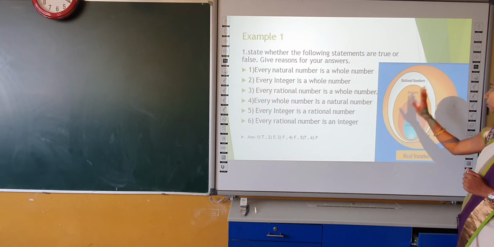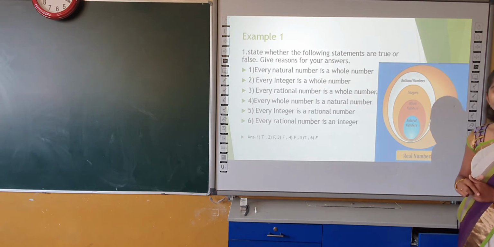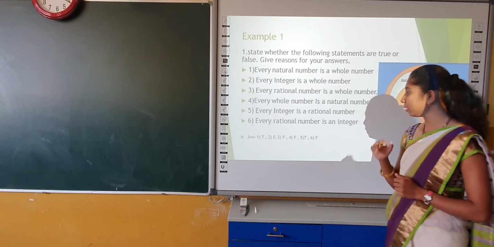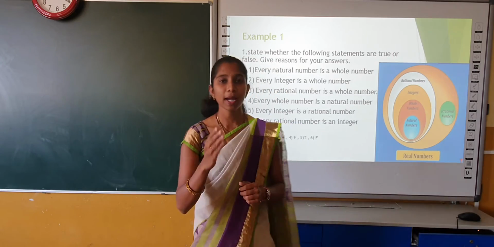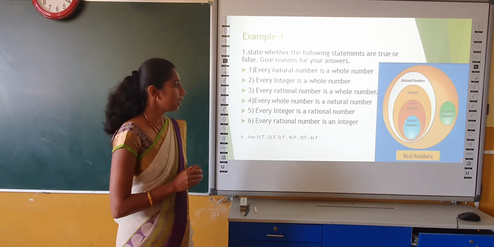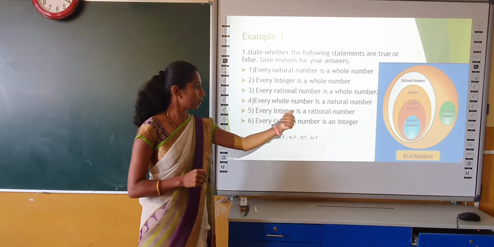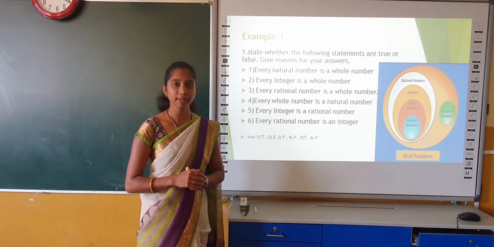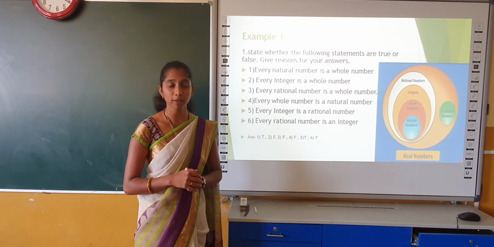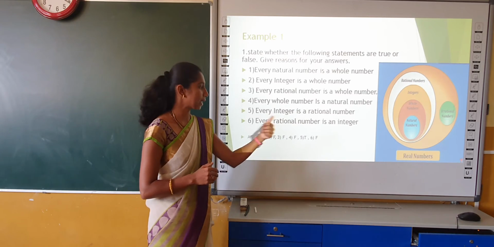The last statement here is, every rational number is an integer. Look at the diagram now. Is every rational number an integer? No, it's false. You can give one more example. Minus 7 by 8. If I consider it, it is a rational number. But do integers have a denominator other than 1? No. We cannot consider that number an integer.